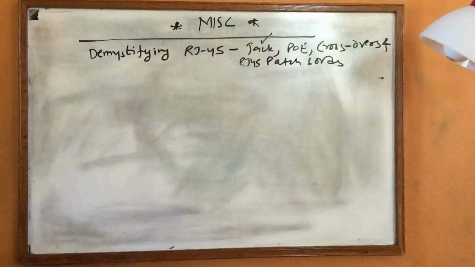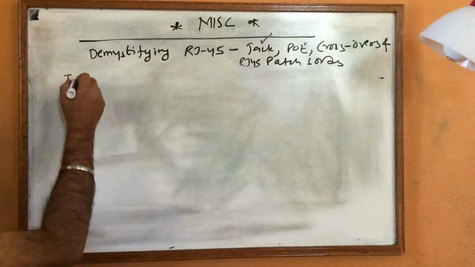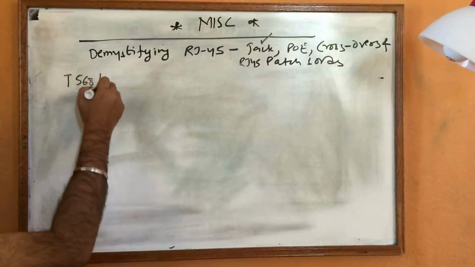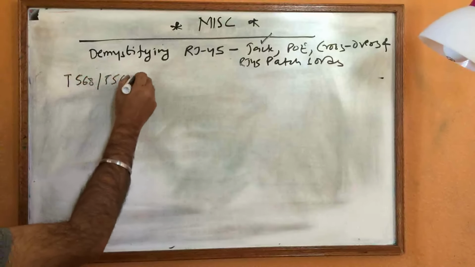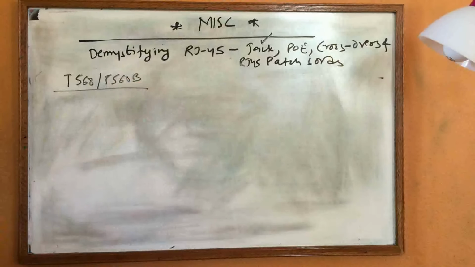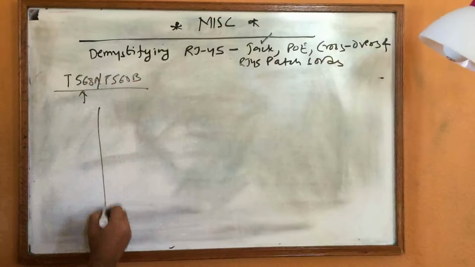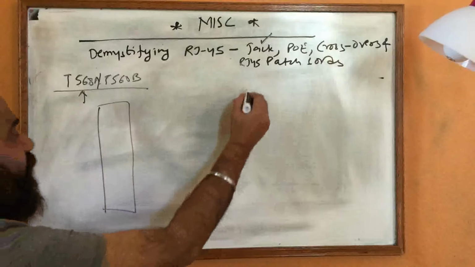So let's talk about crossover cables. The configuration for crossover cables for T568A and T568B is the same, because the pin configuration is what matters. The color of the cable will define whether it's 568A or 568B. So let's quickly go over this pin configuration again.